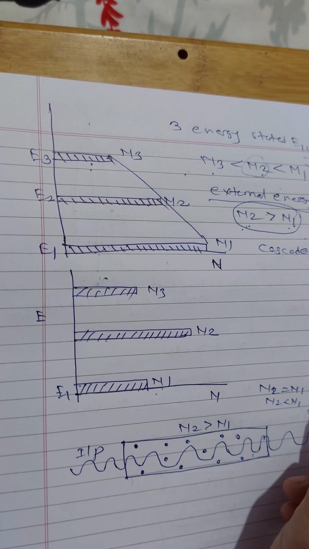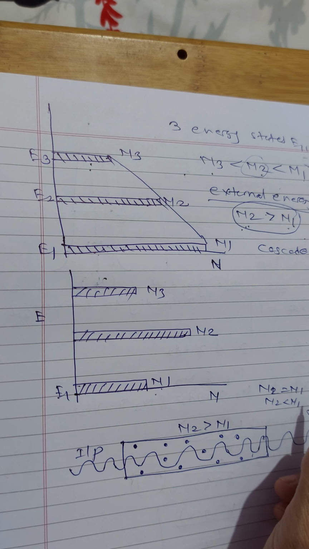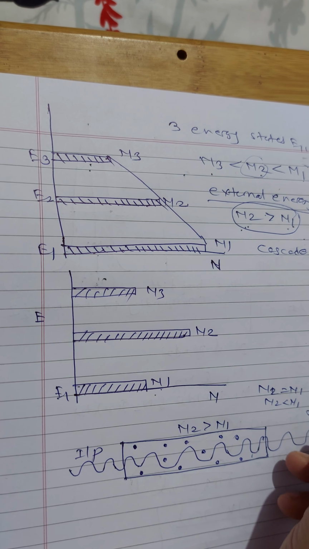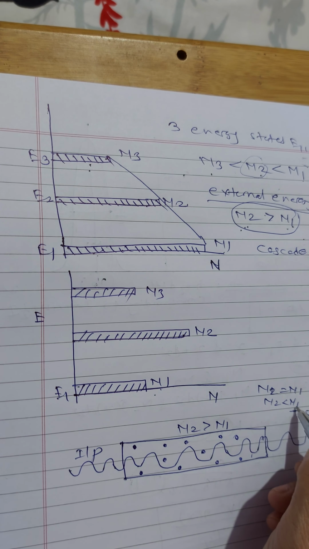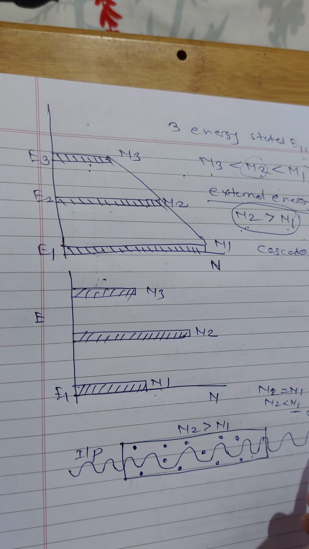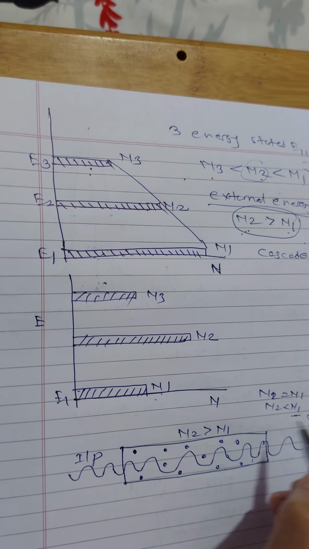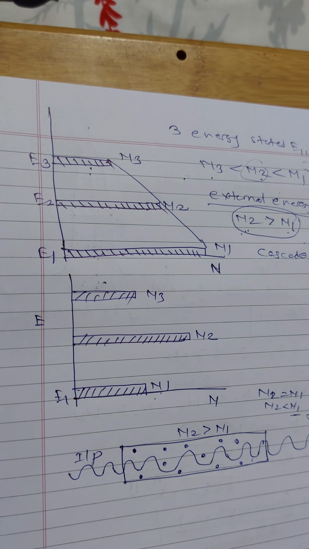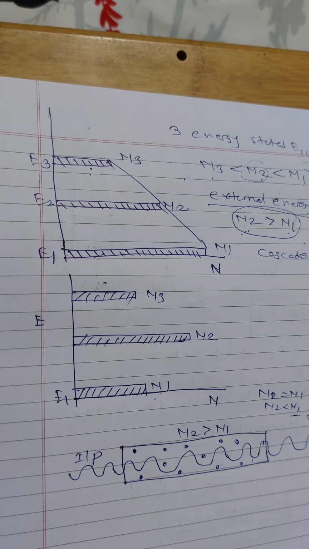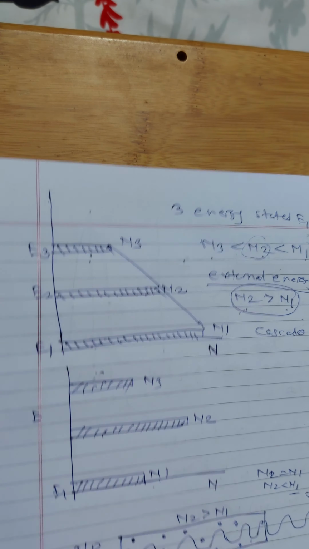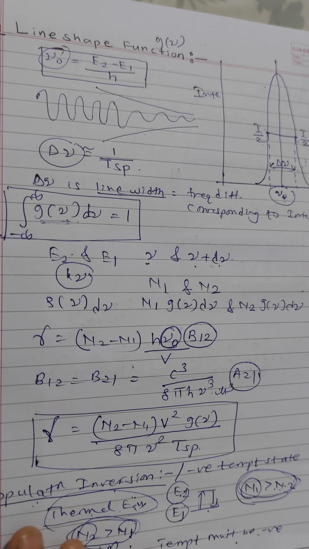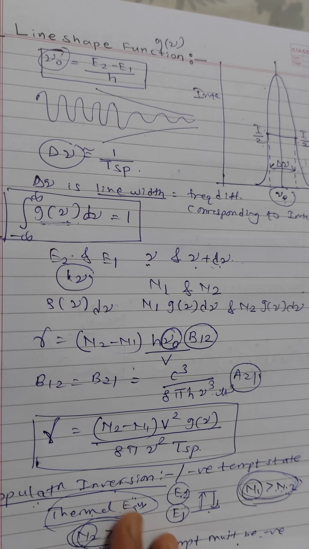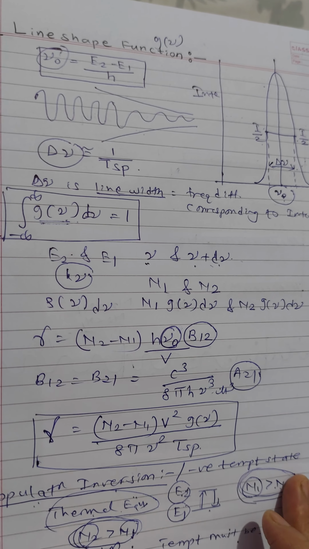As soon as the population of the lower level becomes equal to or larger than that of the excited state, population inversion will stop and stimulated emission will completely diminish, and the amplification of light will not continue, it will completely cease. So this is the way we can show diagrammatically how you understand the simple term but very important term called population inversion or the negative temperature state.